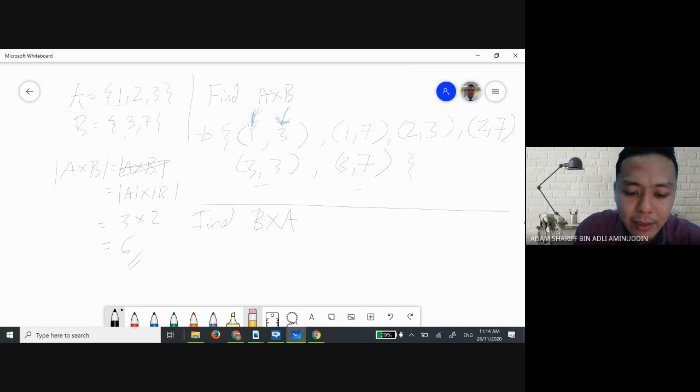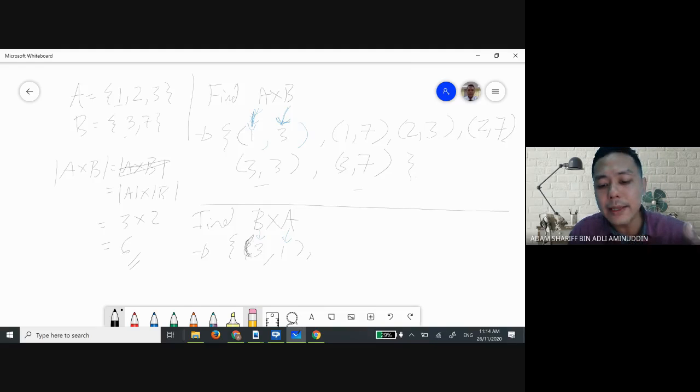So B times A, with the same A and B, the first element should come from B. So B apa dulu? 3. A datang 1. So 3, 1.